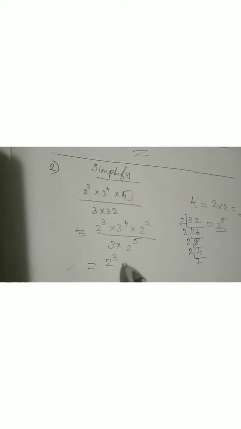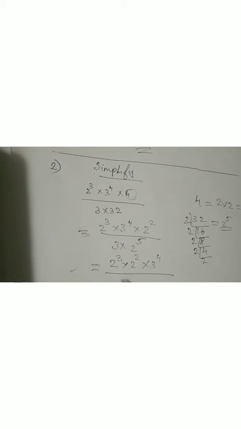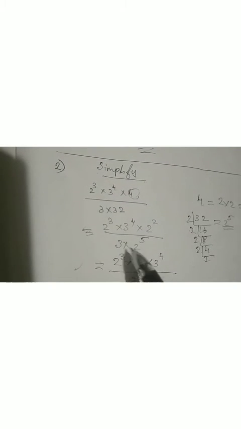Now we can write the terms together, 2 raised to 3 and 2 raised to 2, then 3 raised to 4, then here 2 raised to 5 is there, multiplied by 3, we can write it as 3 raised to 1. Now we know a raised to m multiplied by a raised to n is equal to a raised to m plus n.